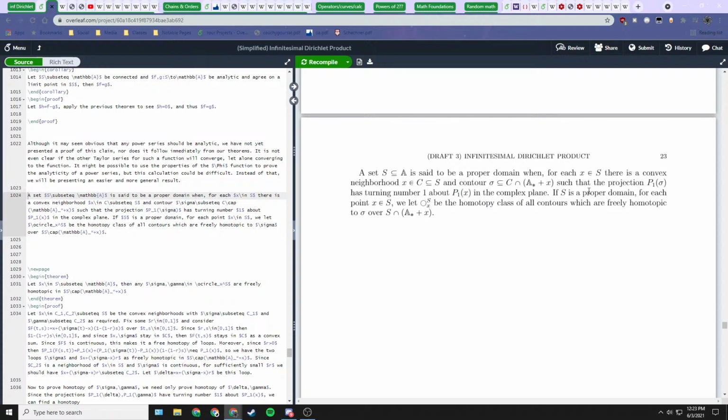If S is a proper domain, for each point x in S, we let the circle xs be the homotopy class of all contours which are freely homotopic to sigma over this set.